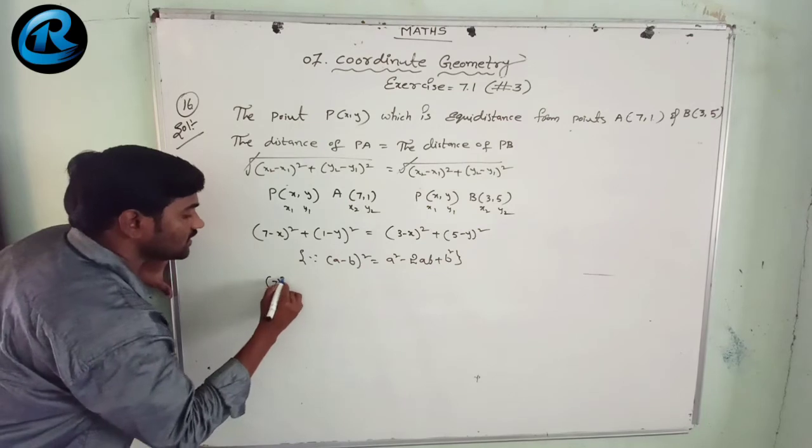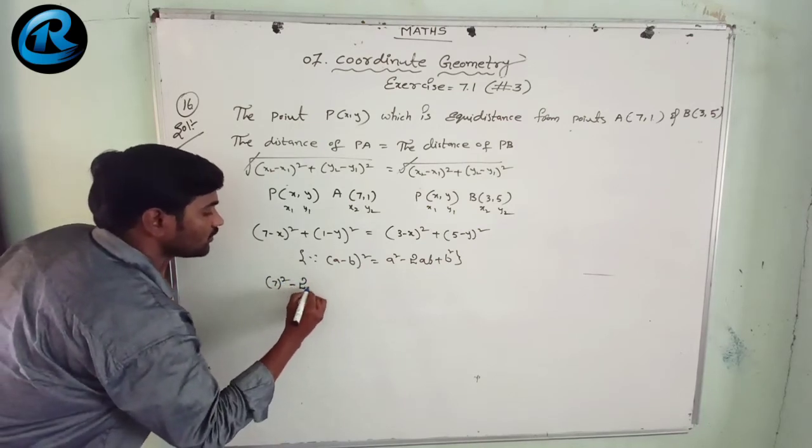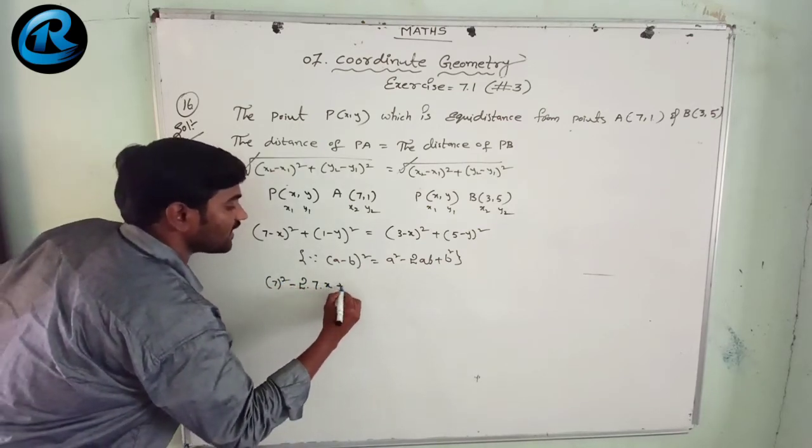So here it comes 7 square minus 2 into 7 into x plus x square.